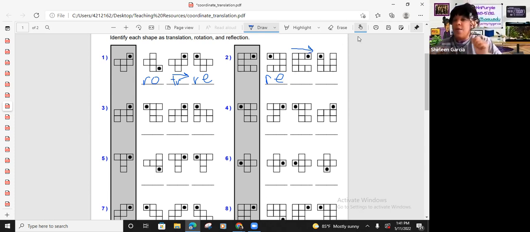He just slid over a little bit on that coordinate grid. He did not rotate. He's not looking in the mirror. He just slid to the side. Translation, rotation, or reflection?